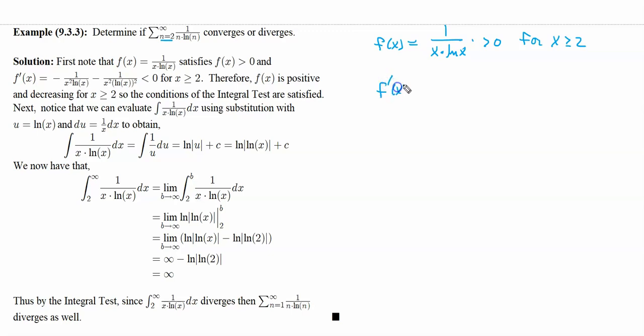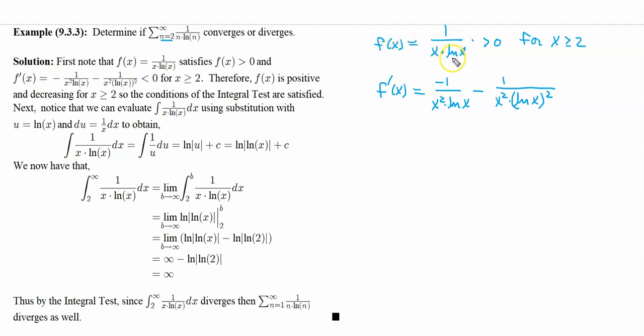Now the derivative of this function is going to be what we have written over here. So it's going to be negative 1 over x squared times the ln of x minus 1 over x squared times the natural log of x, and that whole thing squared. Now to verify that this is our derivative, you could just use the quotient rule here.